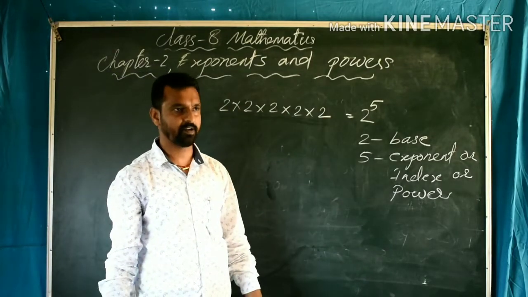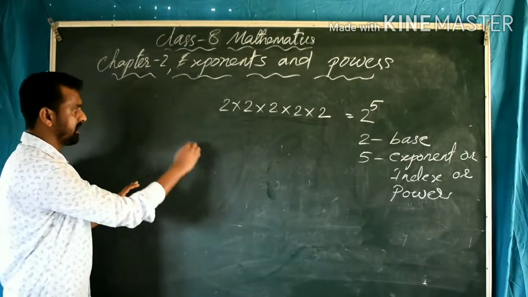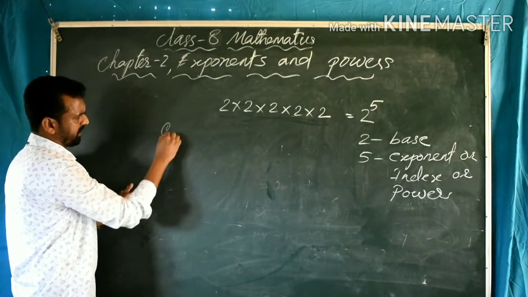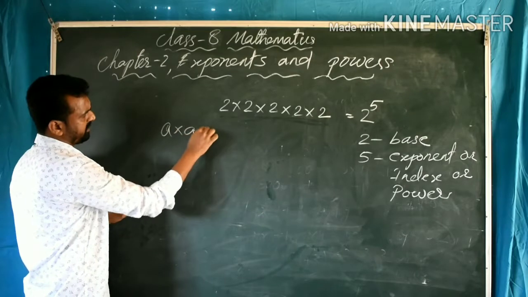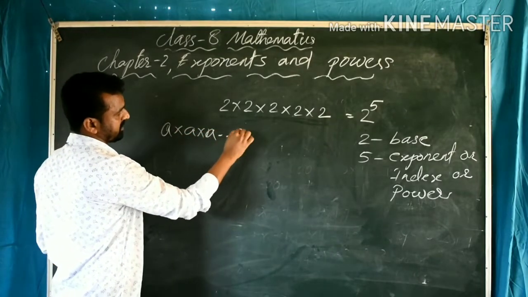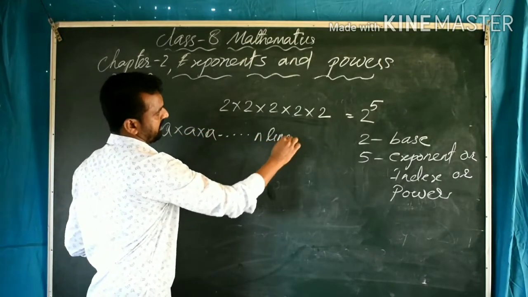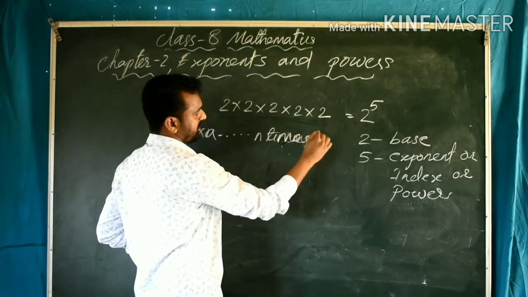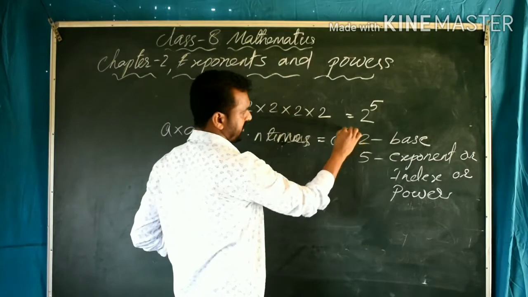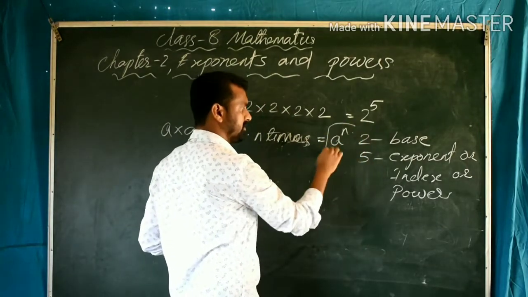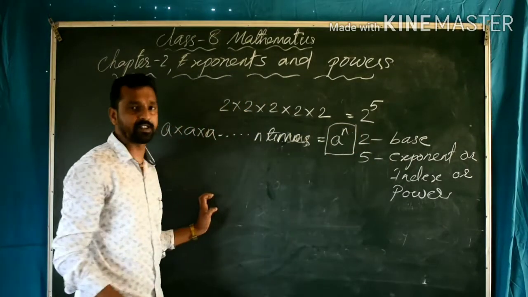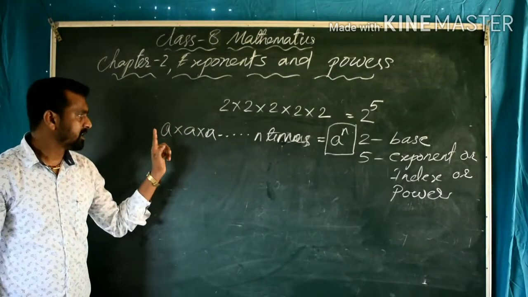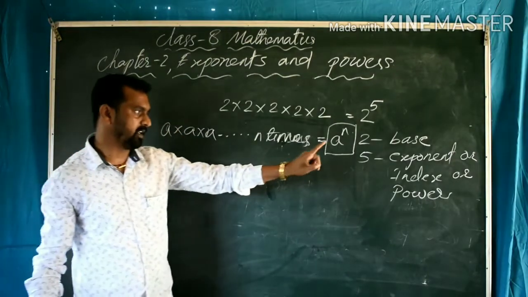In general, suppose a number a is multiplied n times, then we can write it as a raised to n. This is called the exponential form, and the number being multiplied is called the base.